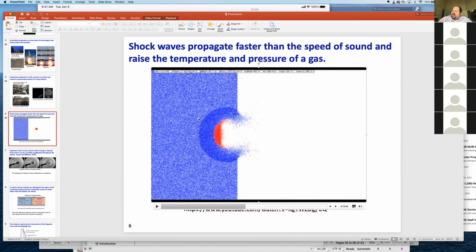And this granular shock wave is impulsively changing the packing of the particles. And in fact, the volume fraction of the particles is acting like a compressible media. So even though the particles are not compressible themselves, the dynamics of a bed of particles is compressible.